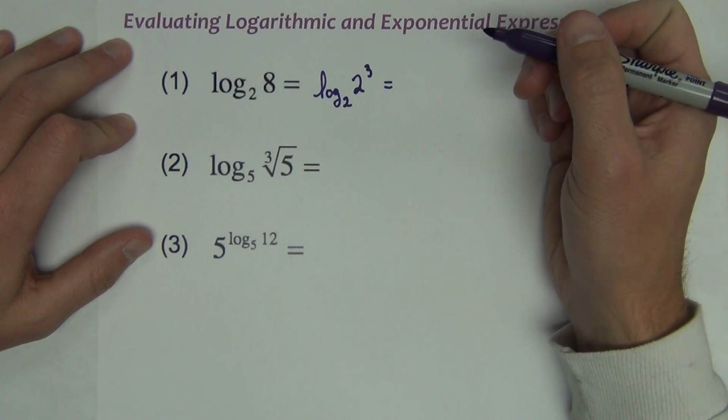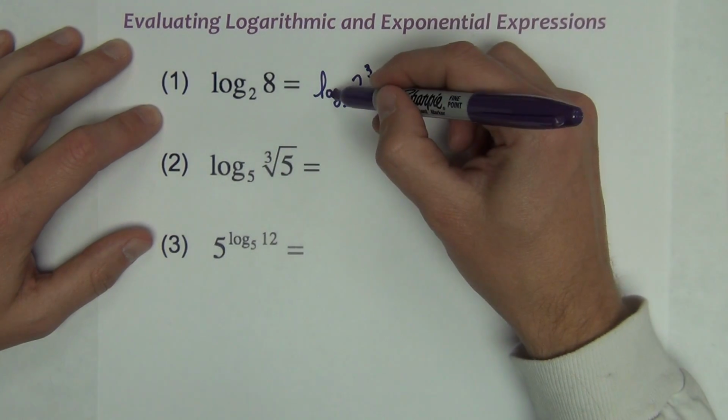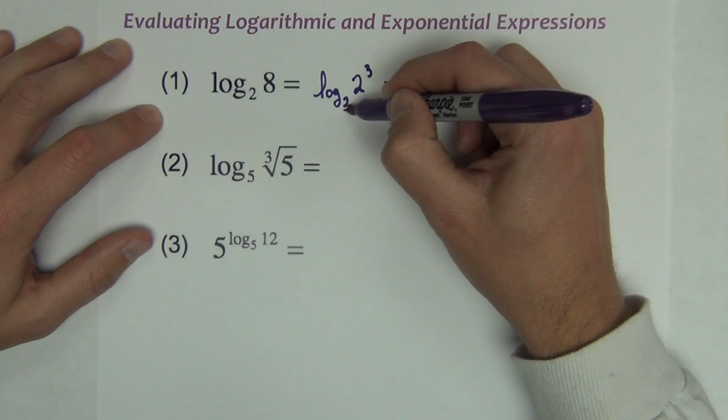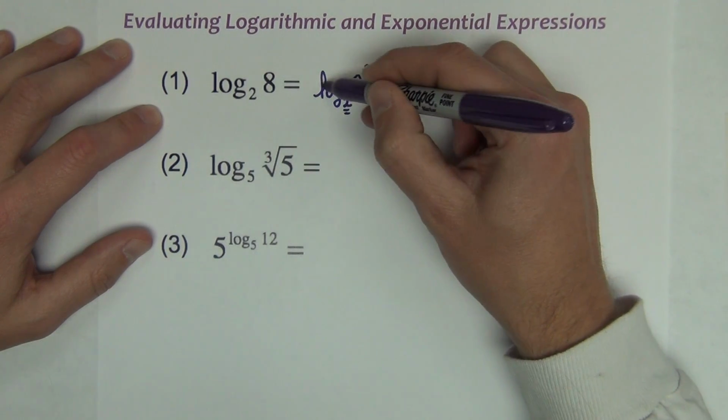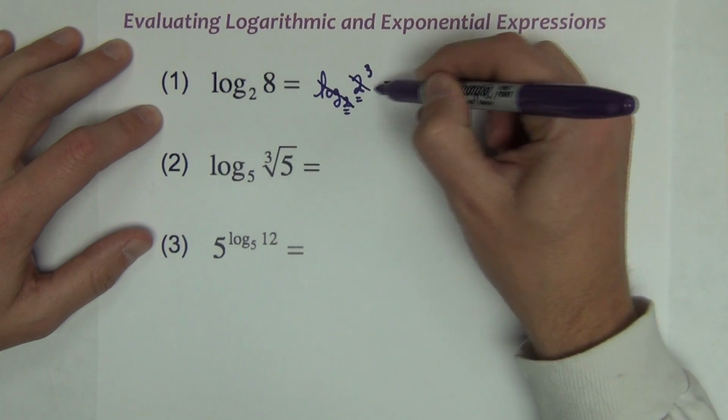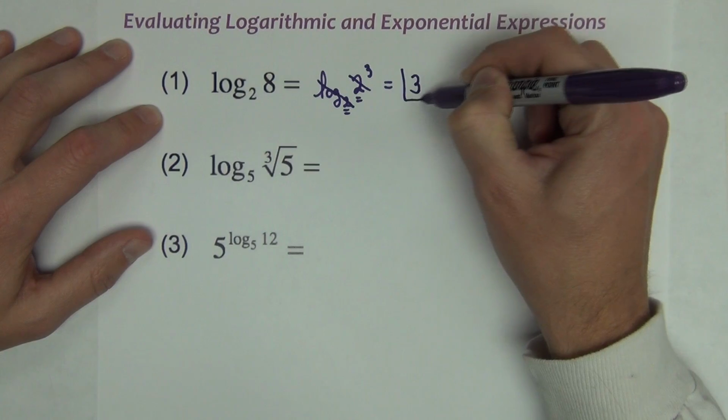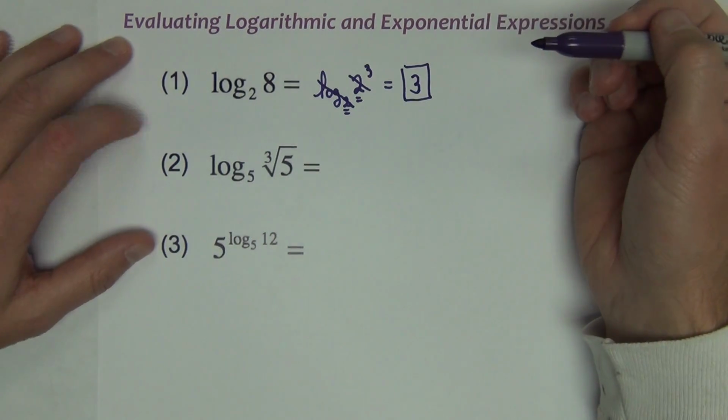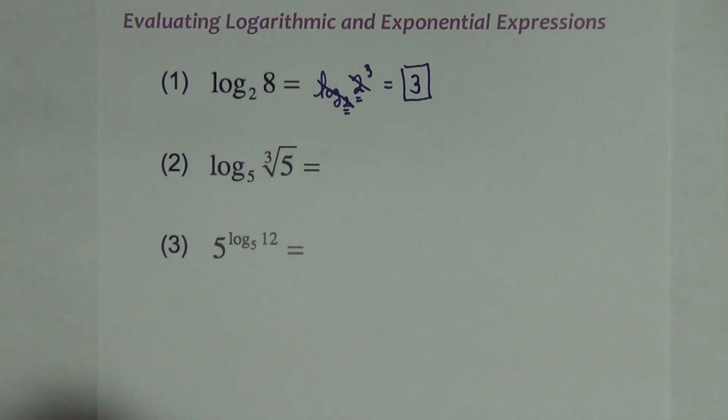And then we've got this inverse property idea that if this number and this number match, they cancel each other out, and the answer is just 3. Okay. So really two ways to think of that: as the exponent or this inverse property idea.